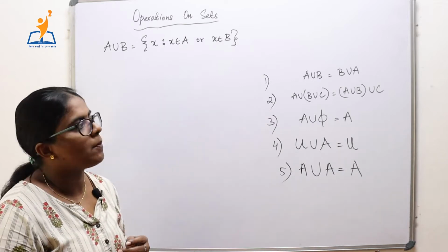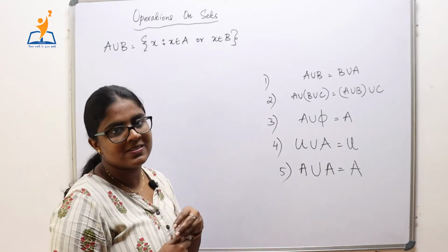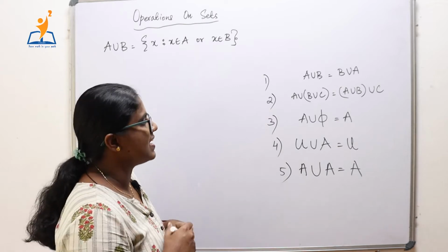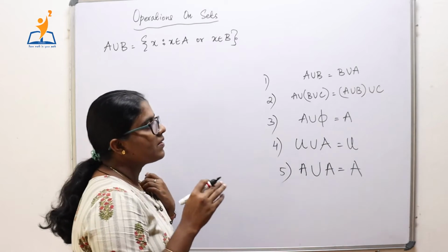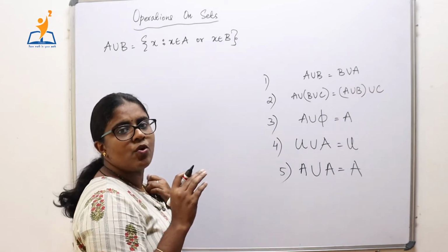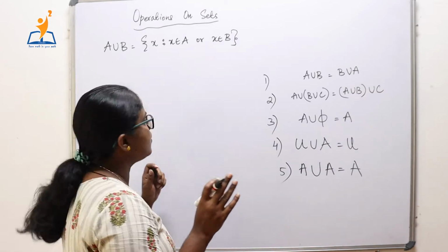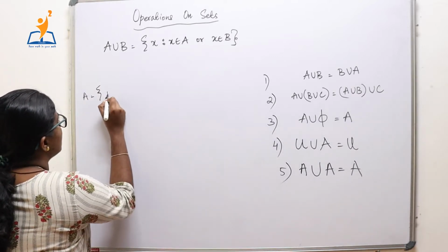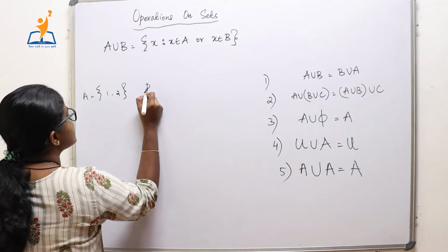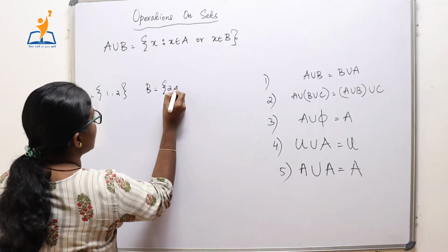Now what are the properties? There are 5 properties regarding the union of two sets. The first property is the commutative property. That is, A union B is always equal to B union A. Now let A be equal to {1, 2} and B be equal to {2, 3}.